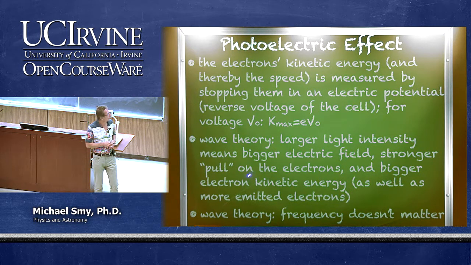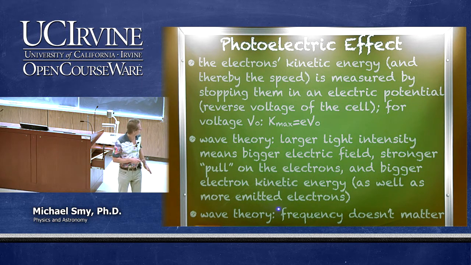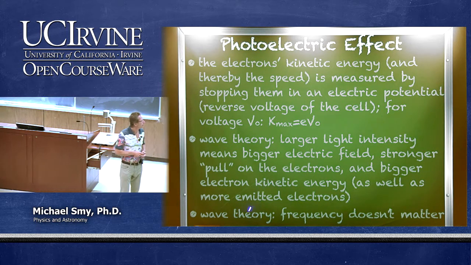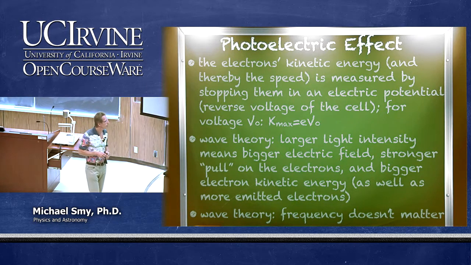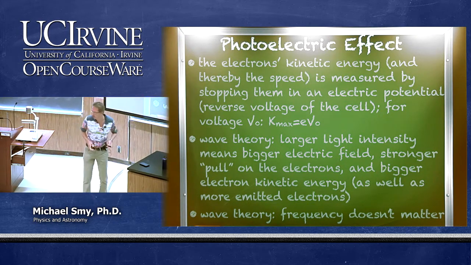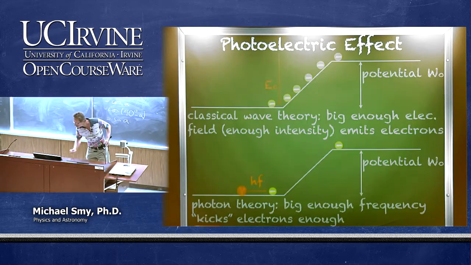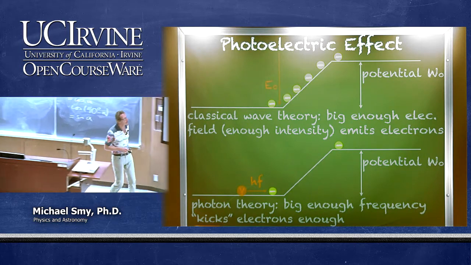Therefore, the electron's kinetic energy must increase. And of course, it will start ripping out more electrons. The frequency of the light is irrelevant in this process. It shouldn't matter. So we can sort of draw a little picture of this.